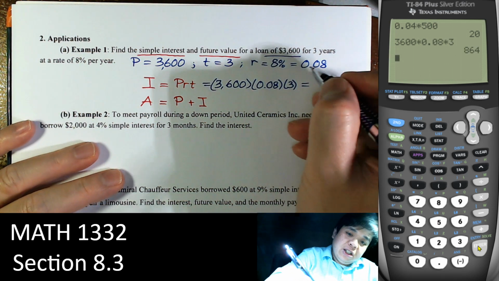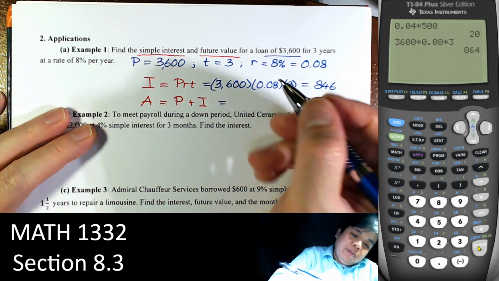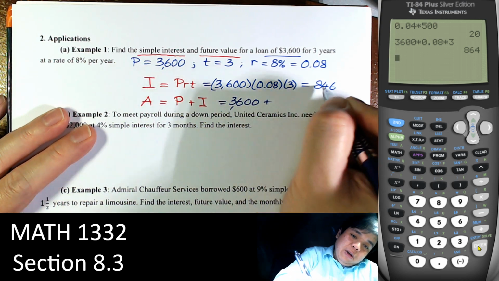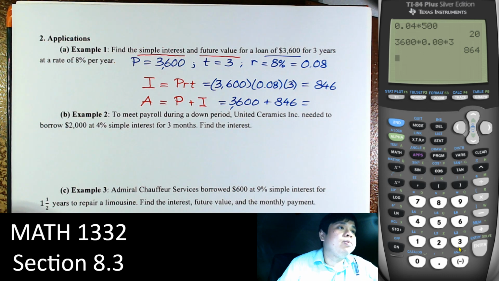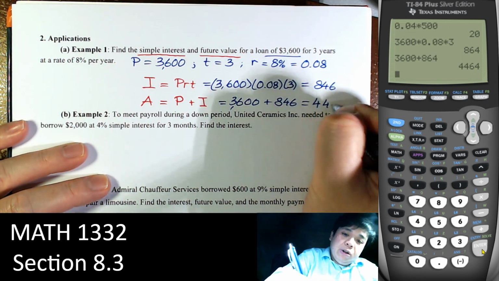And then it's $864. So the future value is 3600 originally plus the interest, $4,464.